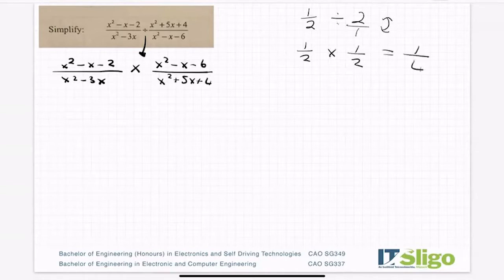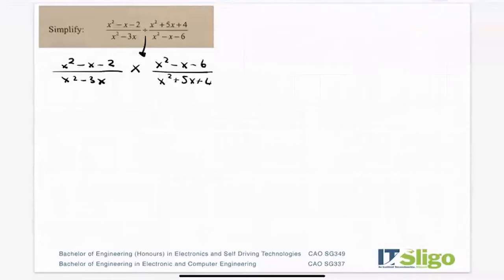So you get a quarter. So that is the technical bit behind how you divide fractions, okay? And it's the same in algebra. So that is why the second one here is inverted or turned upside down, and the divide by sign changes to a multiply. So that's the first step in any of these, okay?